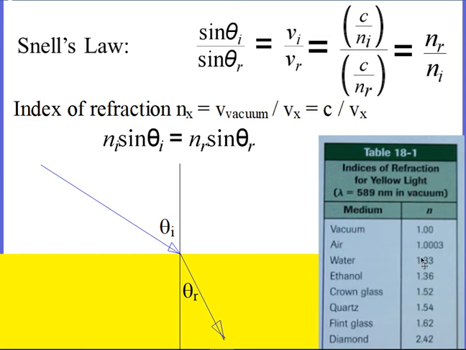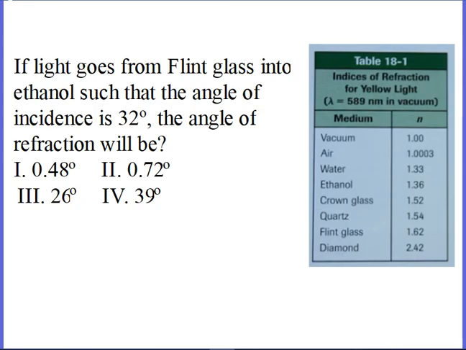That this water having an index of refraction of 4/3 means the velocity of light in water is 3/4 as fast as it is in the vacuum of space. That diamond having a very large index of refraction means the light goes very slow, at about 4/10 the speed that it does in the vacuum of space. So do the problem.